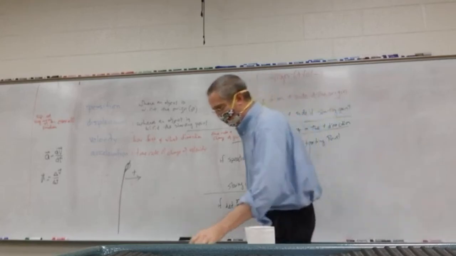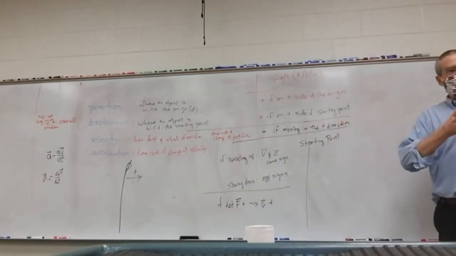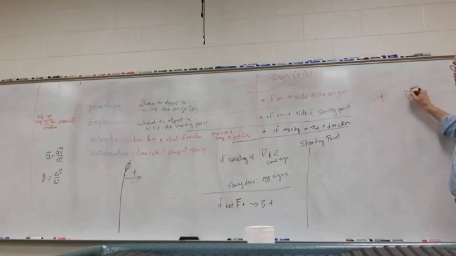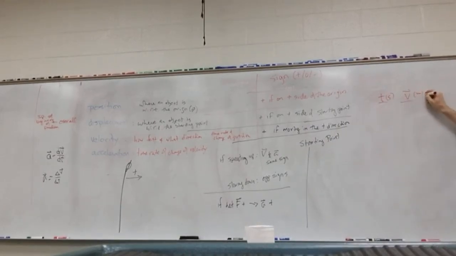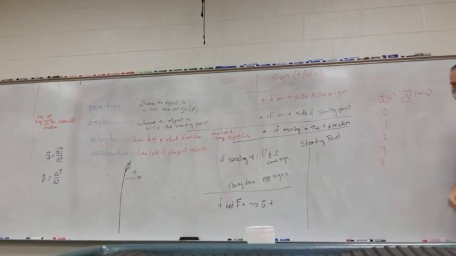Here's another way of looking at the exact same thing. So I'm moving in the positive direction, I stop and I move back in the other direction. So I have time, velocity. But that's seconds, so that's meters per second. So 0, 1, 2, 3, 4. My velocity, we'll just say I was cruising along at 10 meters per second.